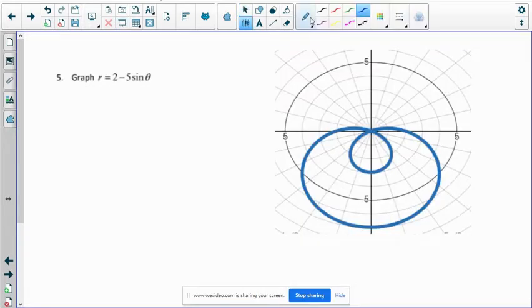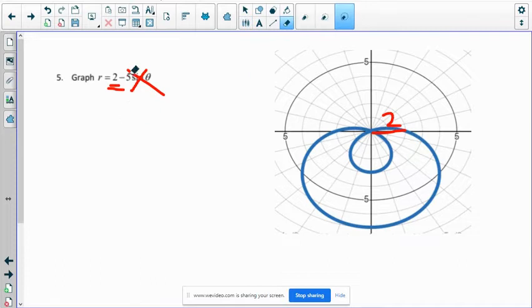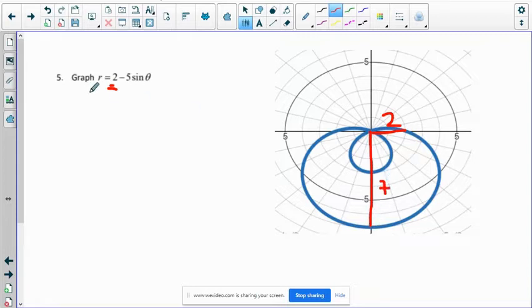A couple things I want to point out. Again, the distance to the side is 2. That is the same as that number there, because when you plug in 0 and pi, the sine term goes away. Now, this big distance goes all the way to 7. How could I get 7 from 2 and 5?